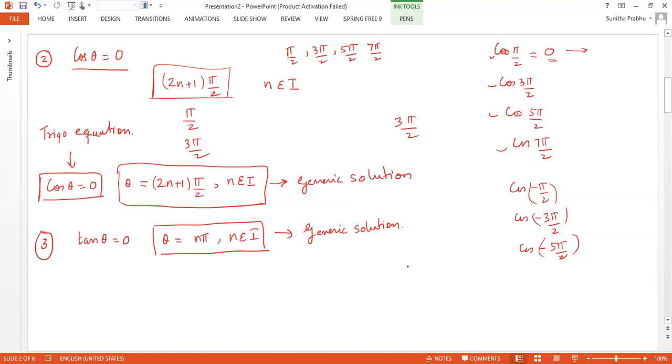Sin 360 by cos 360, no? Oh, okay, sorry, my bad. Cos 360 is 1, but sin 360 is 0. Got it, sir. So it works for pi, it works for 2 pi, 3 pi. N pi is the generic solution.